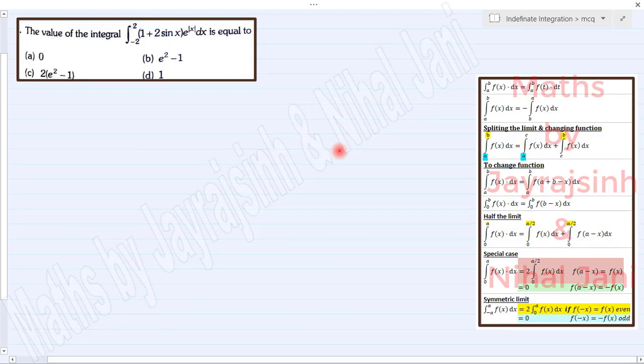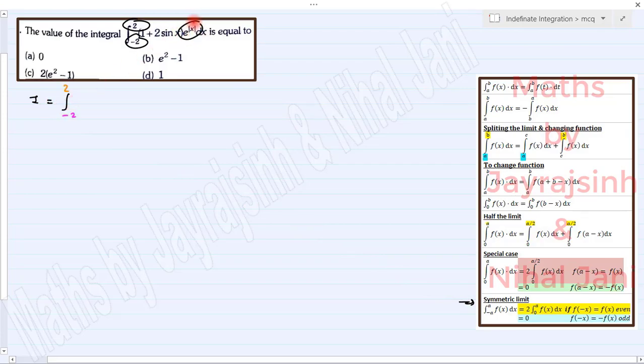Here we have to find out integration of 1 plus 2 sin x into e raised to mod x from minus 2 to 2. So we can say we have symmetric limit. Now, before we go for checking the odd and even, we have to simplify our function.